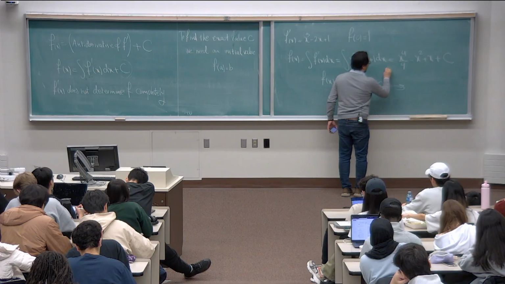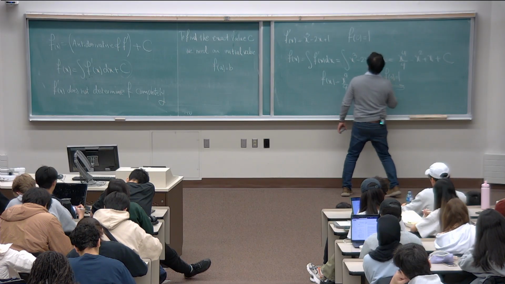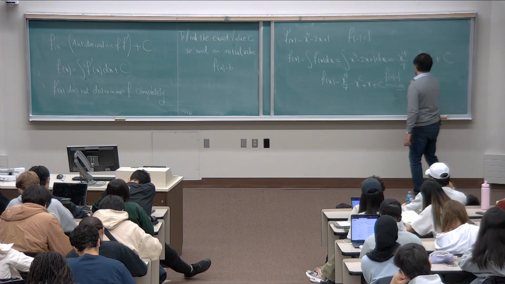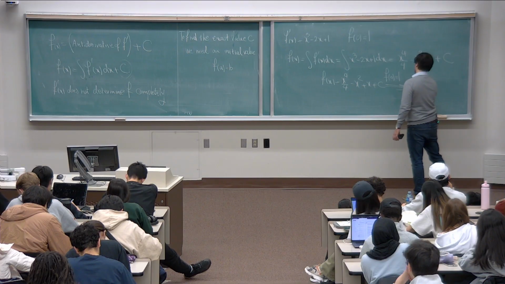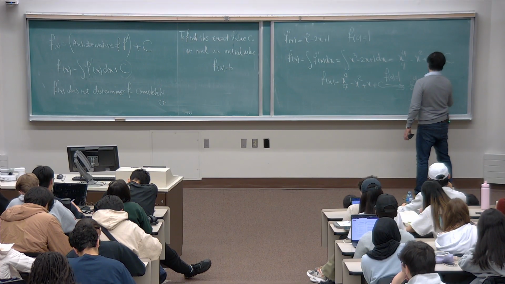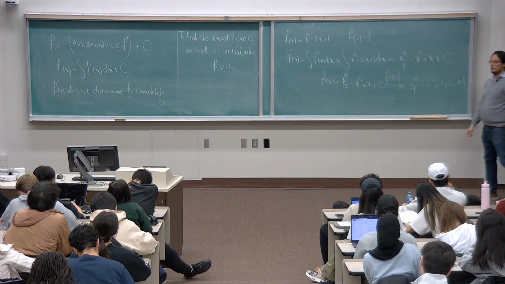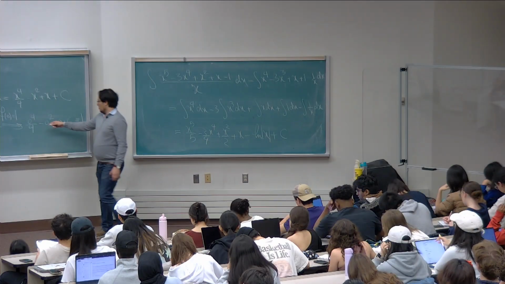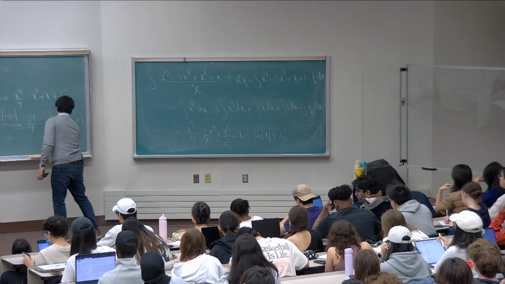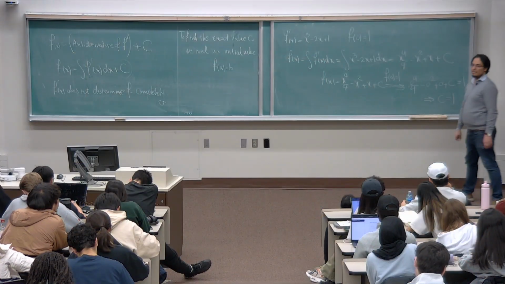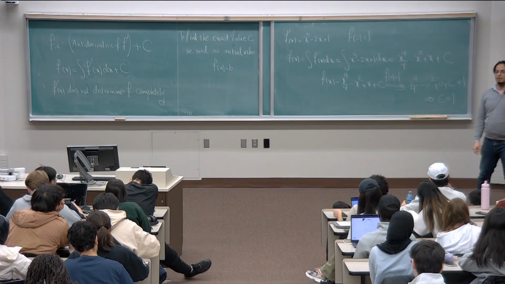If I plug in x equal to 0, I should get 1. It means that 0 to the power 4 over 4 minus 0 squared plus 0 plus c must be equal to 1. These are all 0, so that gives me that c must be equal to 1.